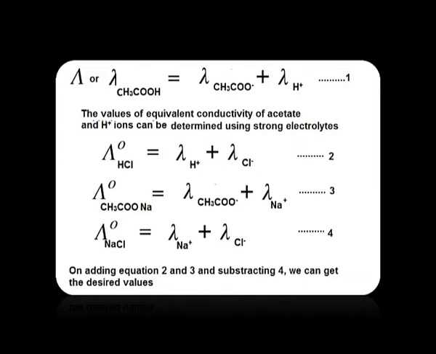If we take sodium acetate, it will ionize as acetate ion and sodium ions, and NaCl would ionize as sodium ions and Cl ions. Now, if we add equation 2 and 3 and subtract equation 4, we can get the desired value, that is lambda acetic acid is equal to lambda acetate plus lambda H plus.